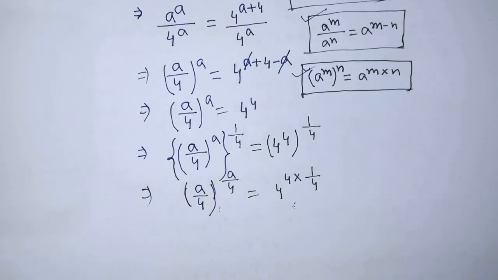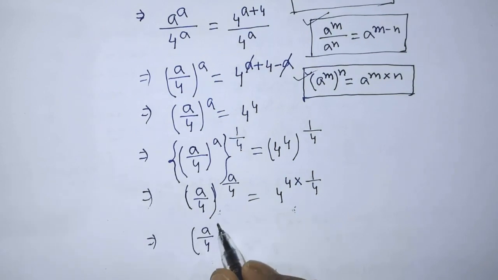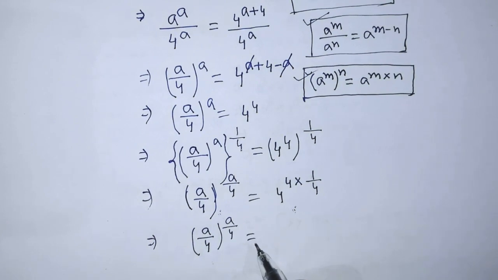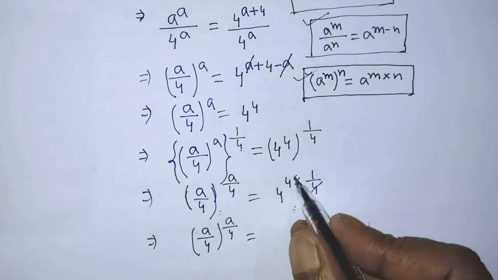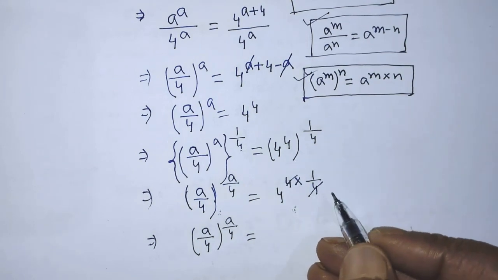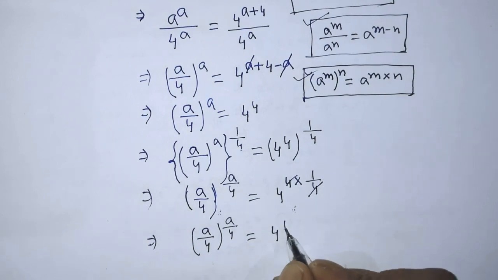So students, after that on the left hand side again we write a over 4 whole to the power a over 4 is equal to, on the right hand side we can cancel 4 from numerator and denominator. So we can write 4 to the power 1.